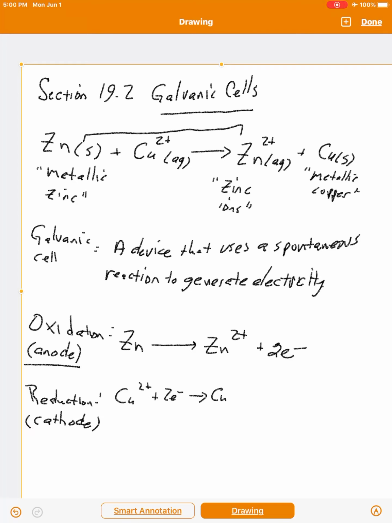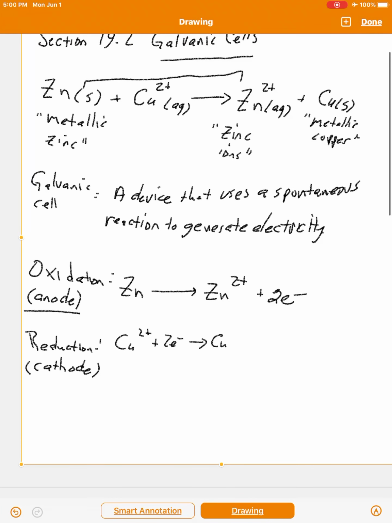So there's some terminology we should be aware of. The anode and the cathode are called electrodes. So the anode, oxidation, and the cathode, reduction, these are called electrodes.